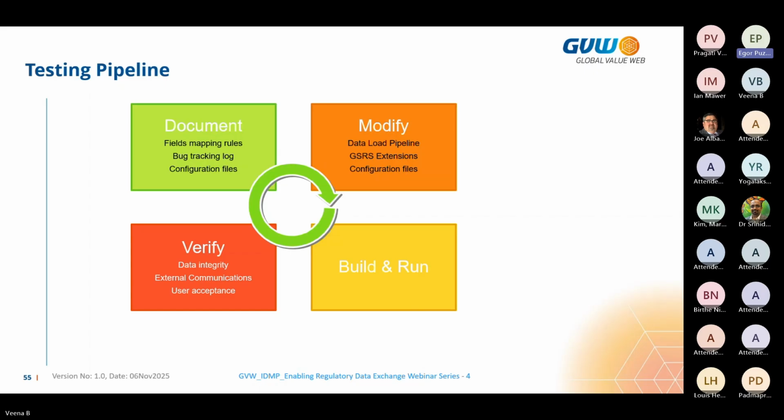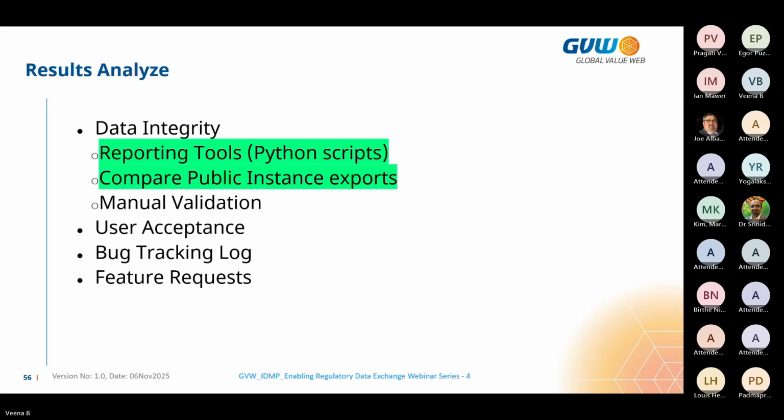We need to check data integrity. We need to check external communication, whether all data are coming to all systems which are necessary, and then we can let users check the user interface, whether everything is okay from the side of user experience. Please next.